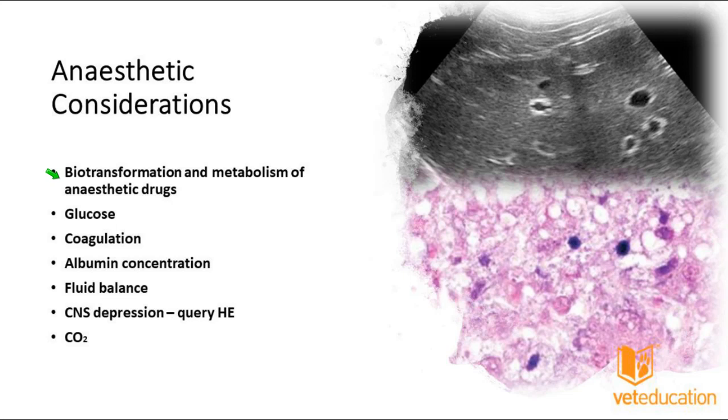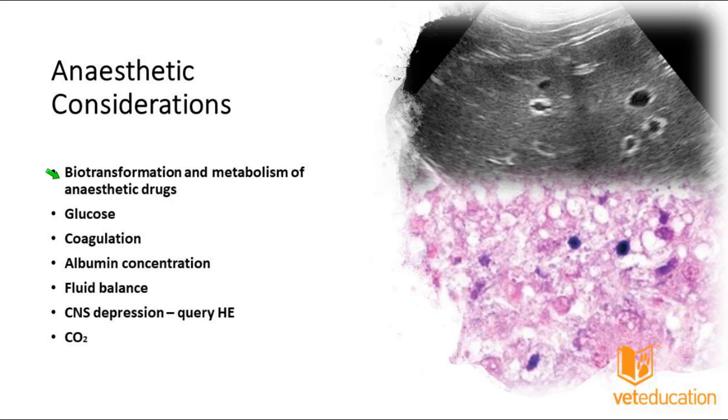And I guess the spoiler alert is most of our anesthetic drugs that we give to our patients, particularly our injectable drugs, are metabolized in the liver, and so whatever we give our patient is going to stick around for a little bit longer. Now, some drugs are safer than others to give, but they all are going to last a little bit longer in our liver patient than they otherwise would.